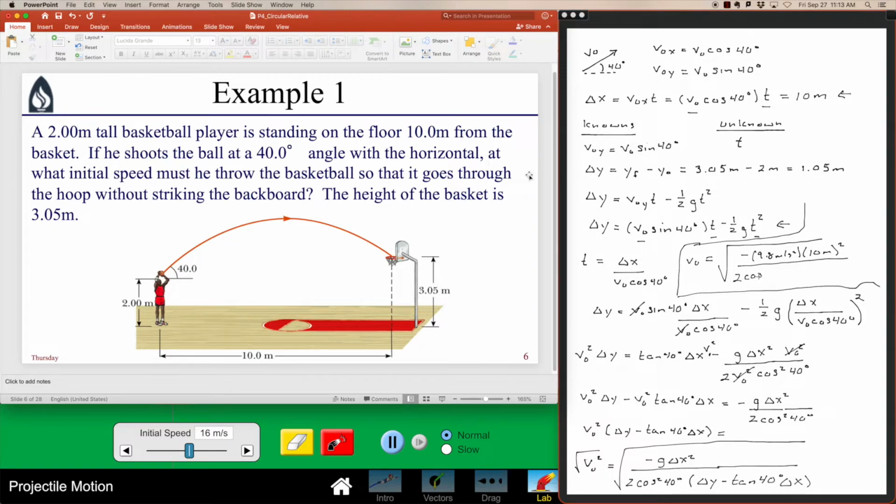And then that multiplies my delta y, which was 1.05 meters, minus tangent of 40 times 10. Okay, so if you put that into your calculator, then you should get an initial velocity which is equal to about 10.7 meters per second.